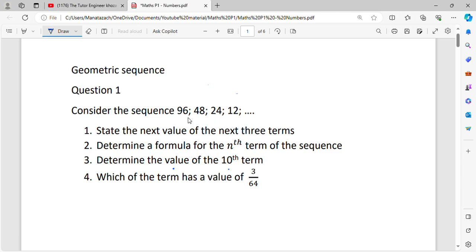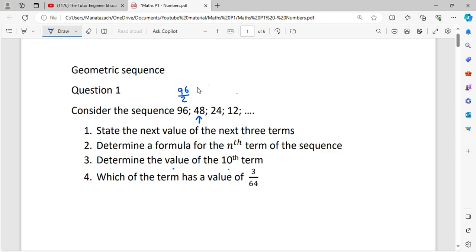You can see the pattern: when you divide the number by 2, you get the next value.